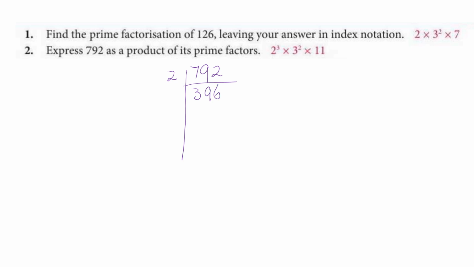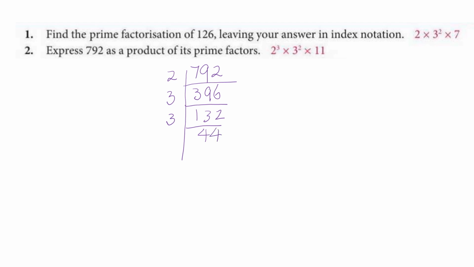Right, so you can continue to divide by 2. However, I think 3 is a better choice. So that will give you 132, and then 3 again. That gives you 44.